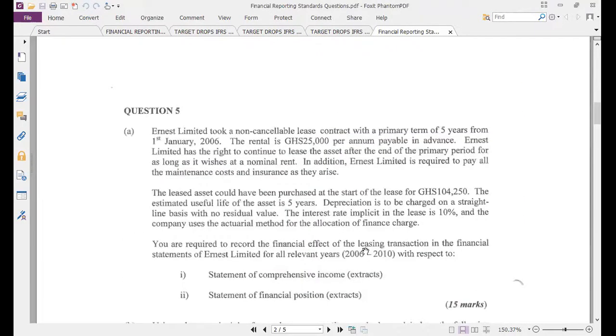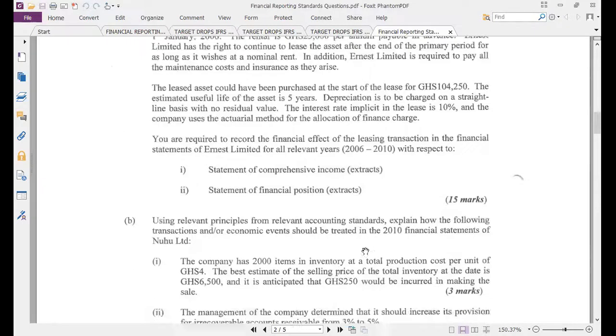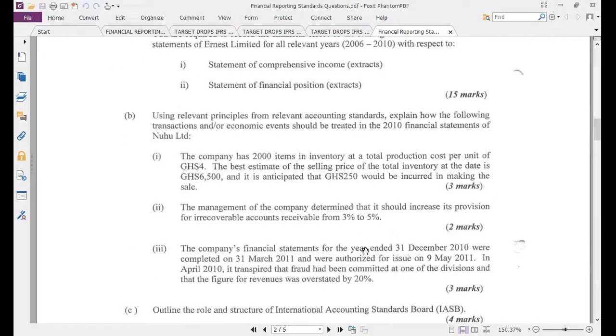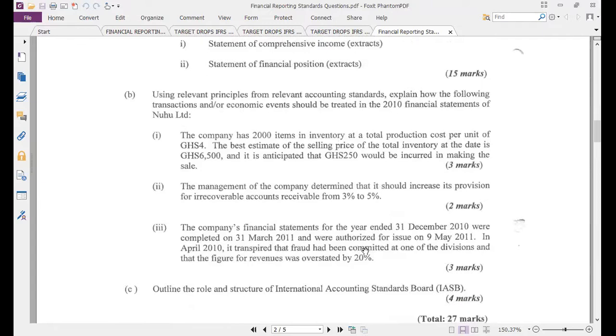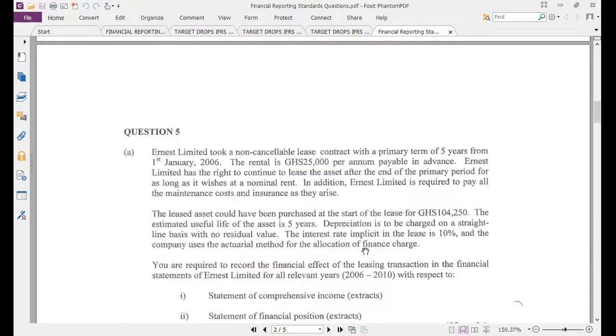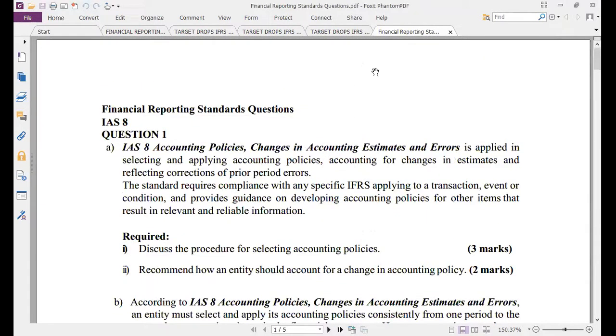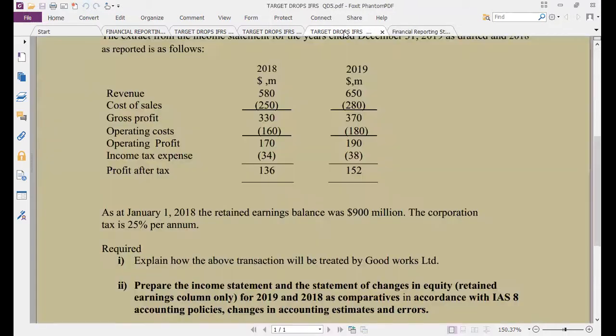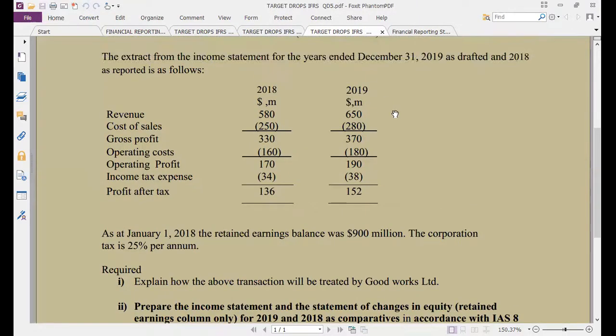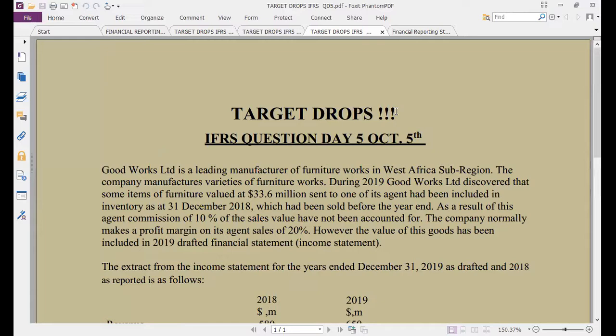The next set of questions, let's look at this particular question to end IAS 8. The rest of the questions are your own.